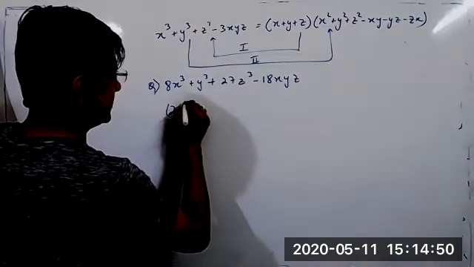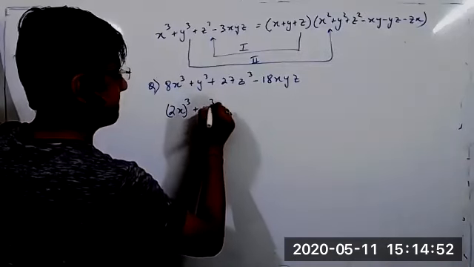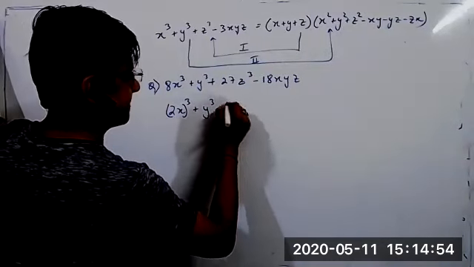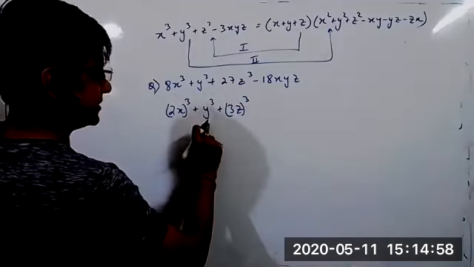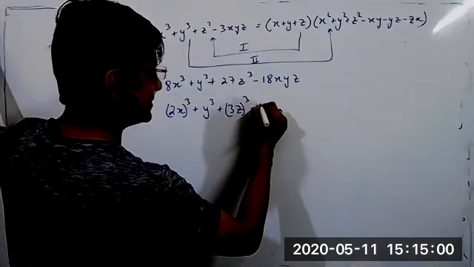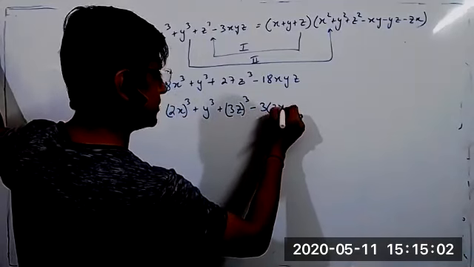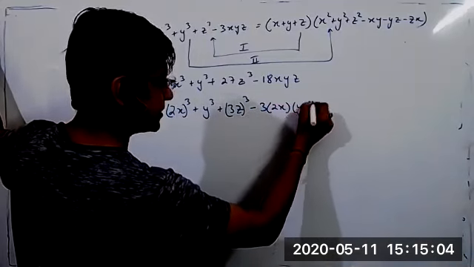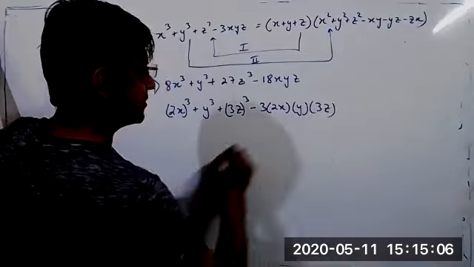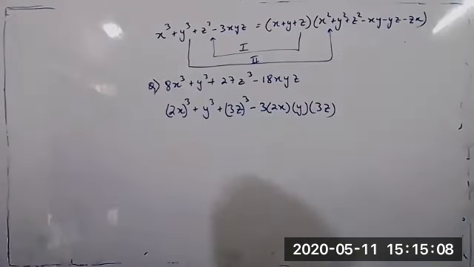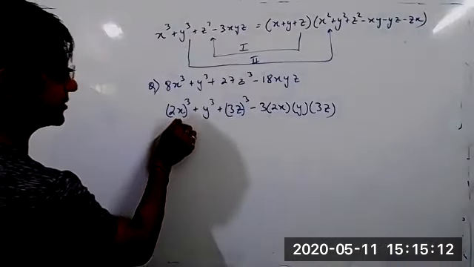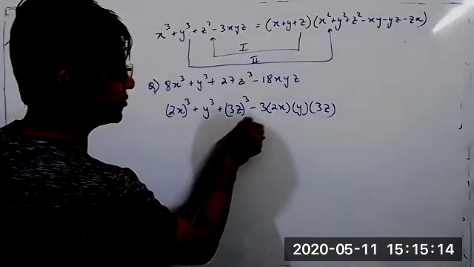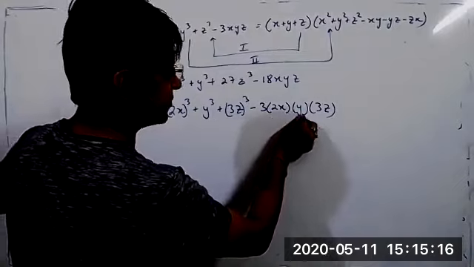So now we can write it. a cube, this one we have written, minus 3 into 2x into y into 3z. What we did, we saw this is in the form of something like this, so we made it cube. x cube, y cube, z cube minus 3xyz.